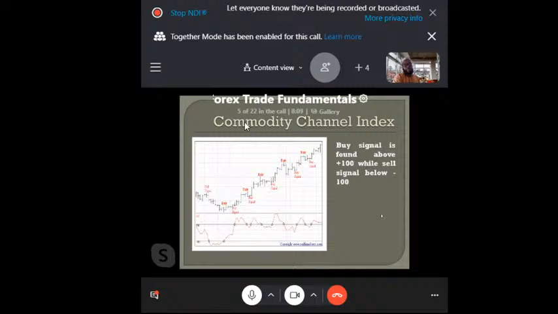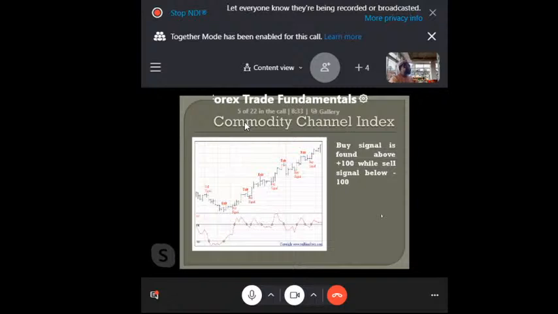Now let's see the buy signal in CCI. A buy signal is found as soon as the indicator goes above 100. As soon as it crosses 100 going up, you have a buy. And a sell signal: as soon as it crosses the minus 100 line going down, you have a sell signal.